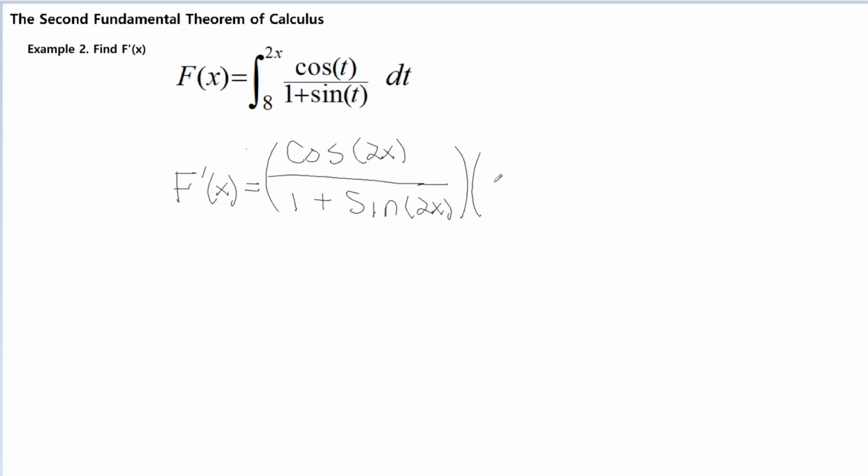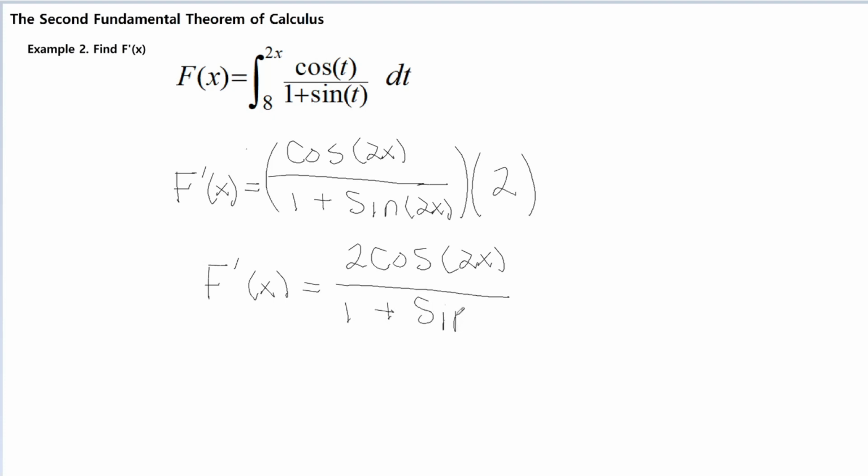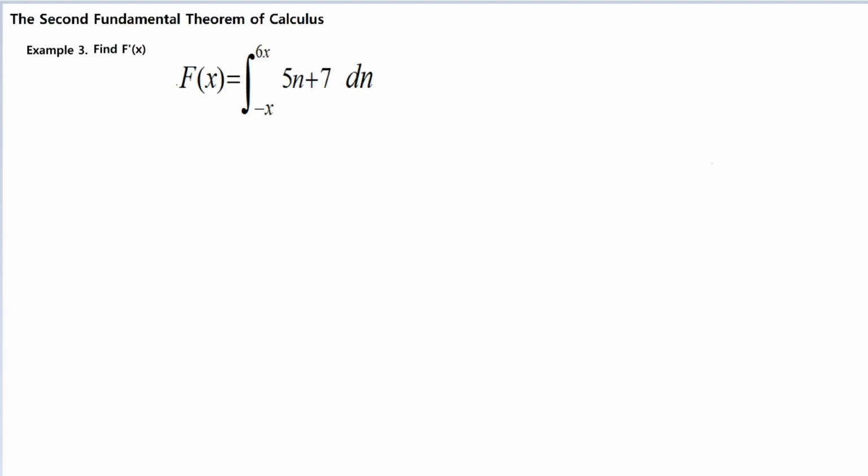In this case, the derivative of 2x is 2. So your answer will come out to be 2 times cosine of 2x all over 1 plus sine of 2x.